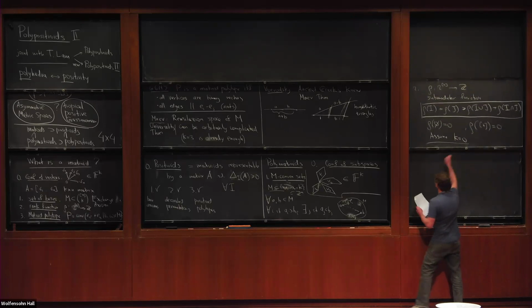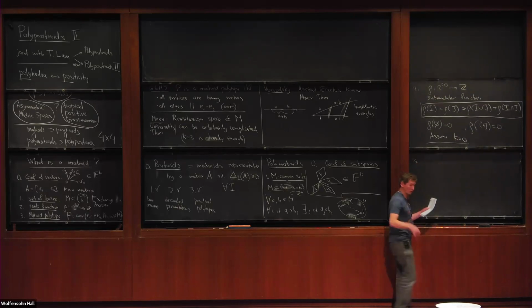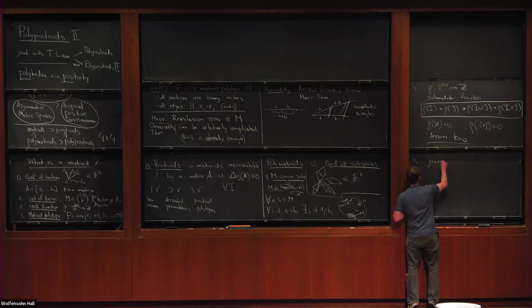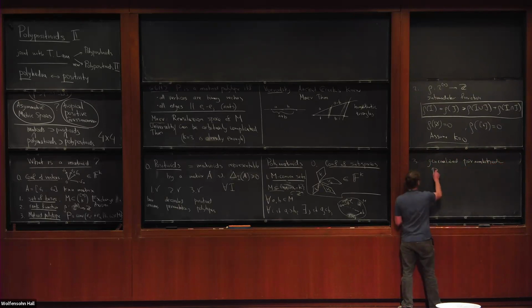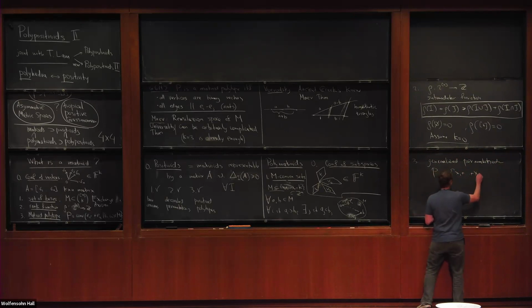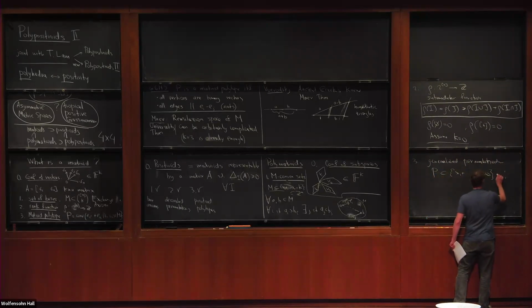Finally, number 3 describes a class of polytopes called generalized permutahedra. They live in the subspace where the sum of all coordinates equals k, but now k is 0, in R^n, which is isomorphic to R^(n-1). It's a hyperplane.